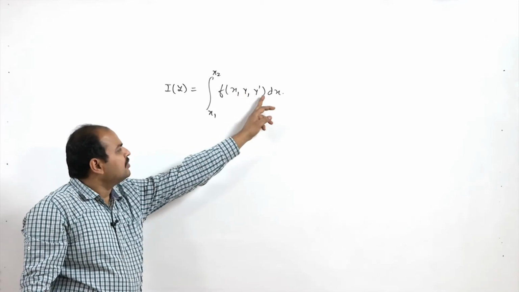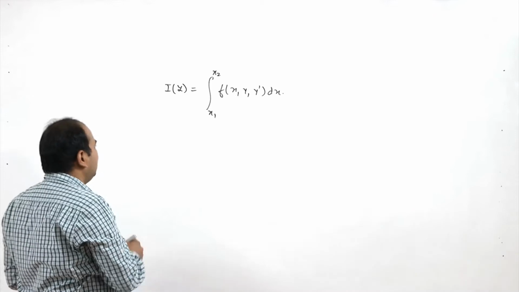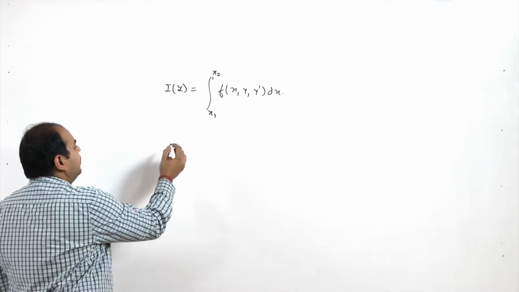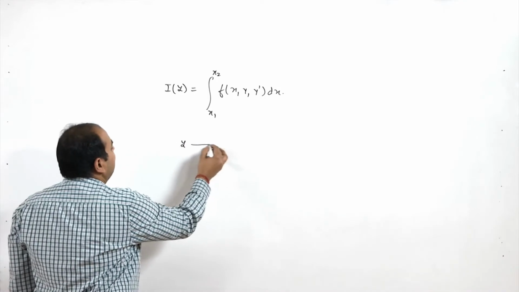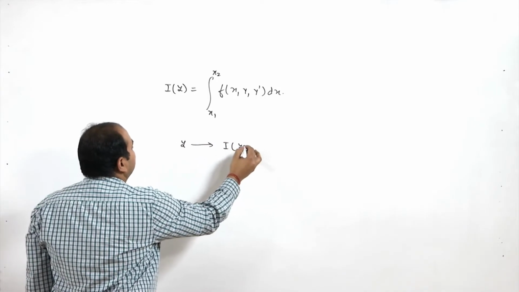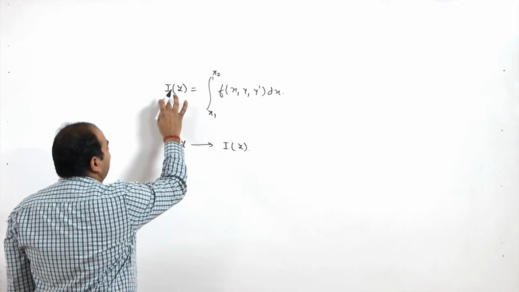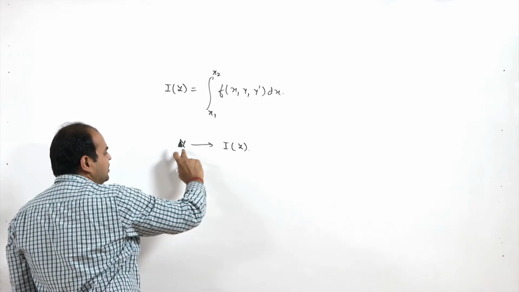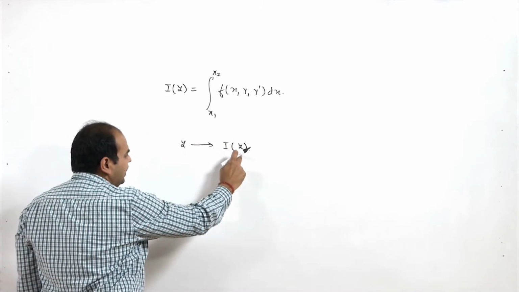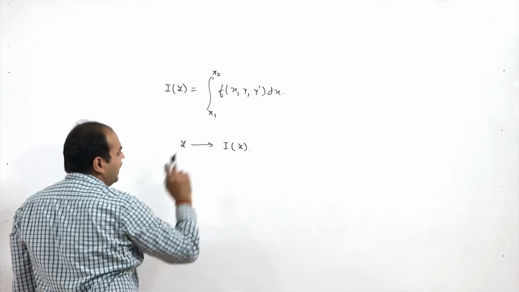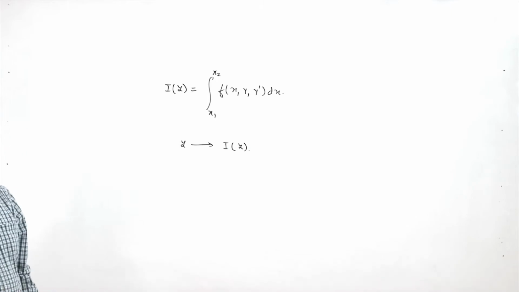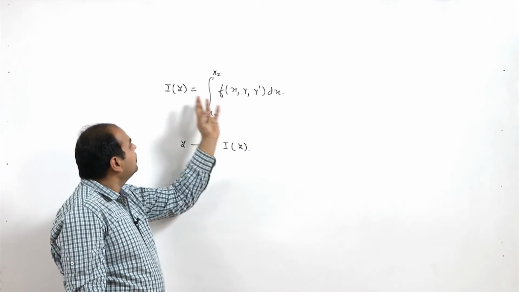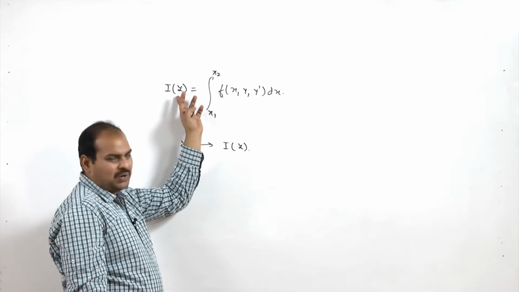So we can say that this definite integral can be considered as a map from this function y to the value I of y. So I of y can be considered as a function of this function y, which assigns to the function y the value denoted by I of y. So we can consider this as a function whose argument is a function itself.